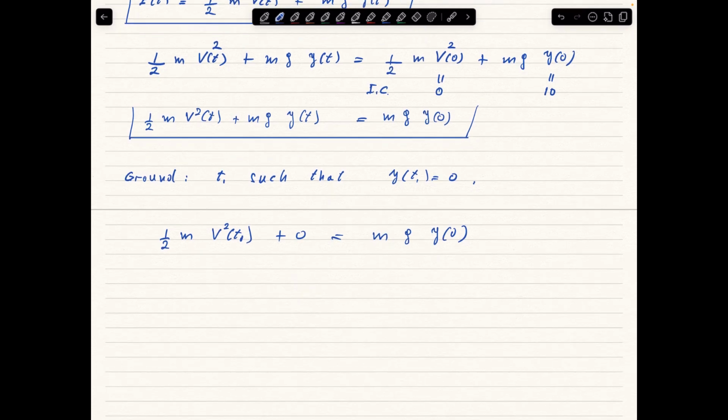So we cancel the mass, we multiply by 2, and we compute the square root. The quantity we are looking for is plus or minus, and we need the plus or minus because it's going to be the minus solution, because it's going down, the square root of 2 times acceleration of gravity times the initial position.